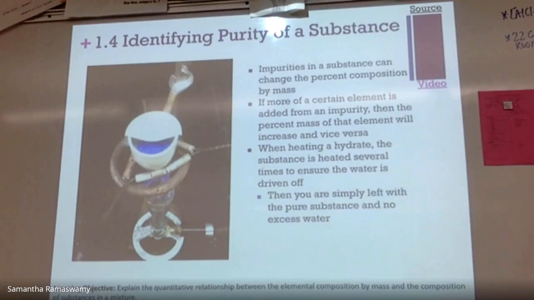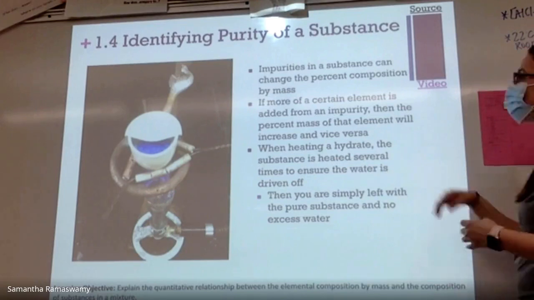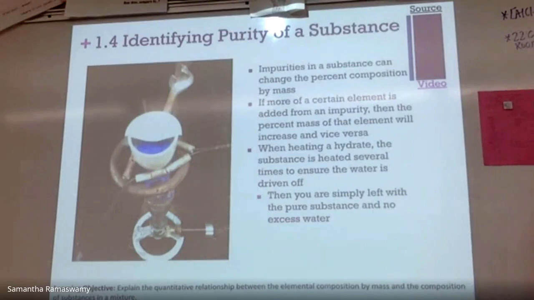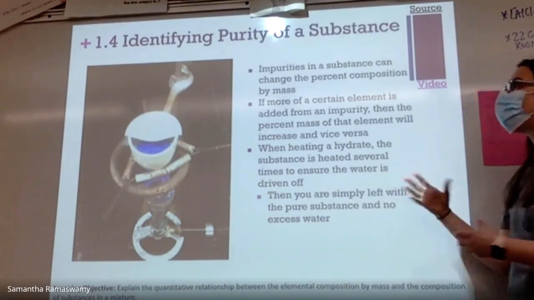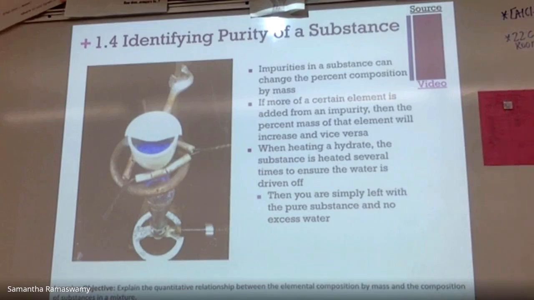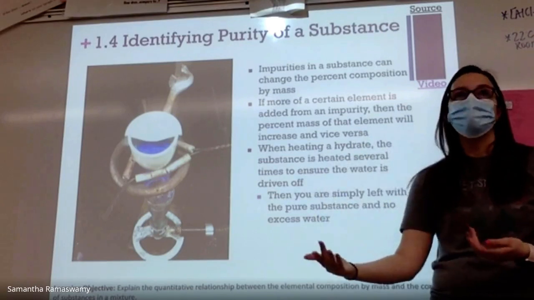We've seen this in a free response question where it says, why do you heat something multiple times? Why do you put something through 3 or 4 different heatings? The point is to make sure that any water that was there is completely gone. When we look at free response questions next week, we'll look at questions asking what's the point of making sure the mass stays the same?